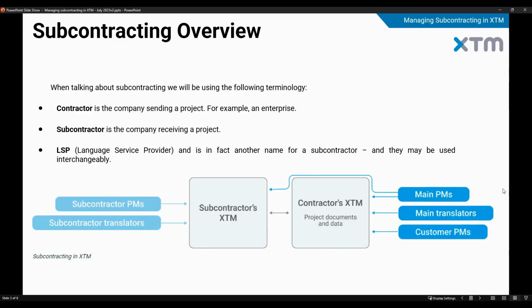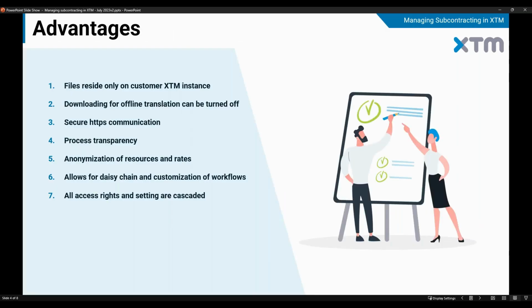Now, let's discuss the advantages of subcontracting. Among those, we can mention, for example, that files reside only on customer XTM instance. That is, files reside in the main XTM instance. In the project I will be showing you today, files reside in XTM-5. Another advantage is downloading for offline translation can be turned off.